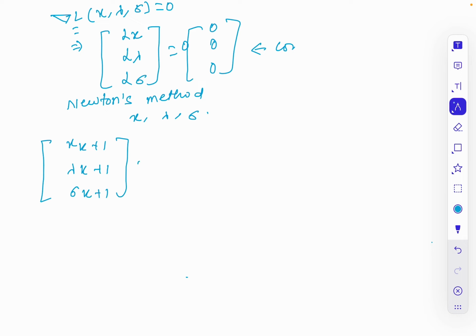So let me write it for you, and then this is the Hessian matrix, okay. I will tell you what the Hessian matrix is.